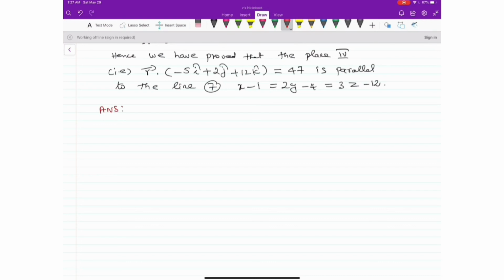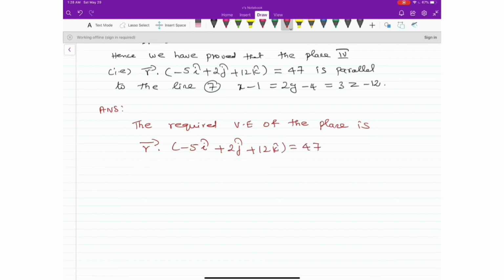Answer: though nothing is mentioned in the question, whether you have to find the vector equation or Cartesian equation, the choice is ours. So, let us write it in this manner. The required vector equation of the plane is vector r dot (-5 i cap + 2 j cap + 12 k cap) is equal to 47. Of course, this is the answer for the first part.